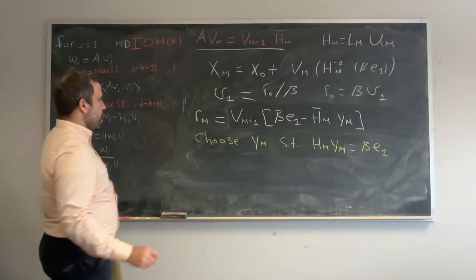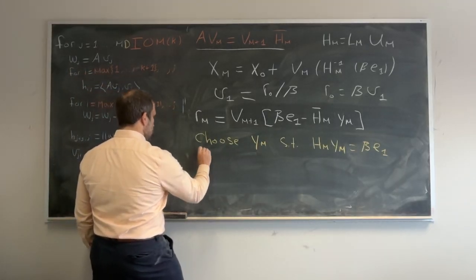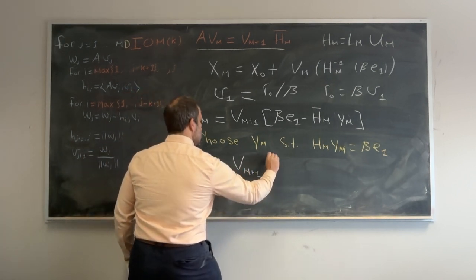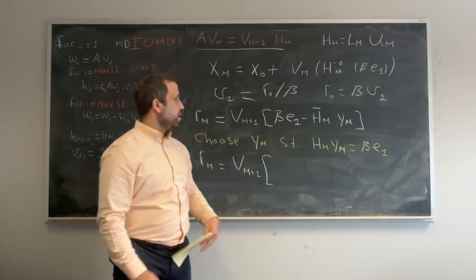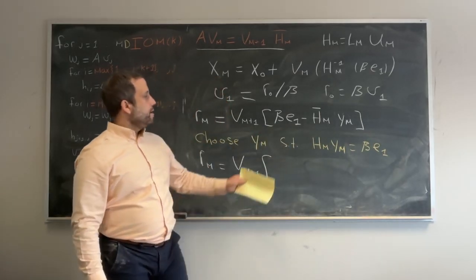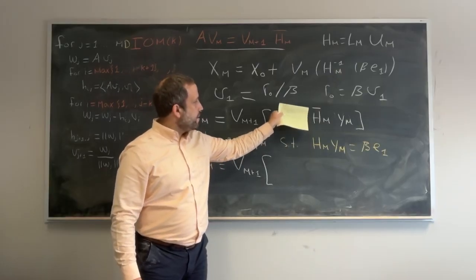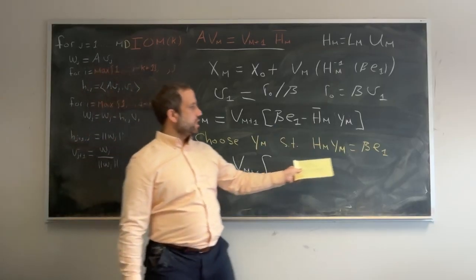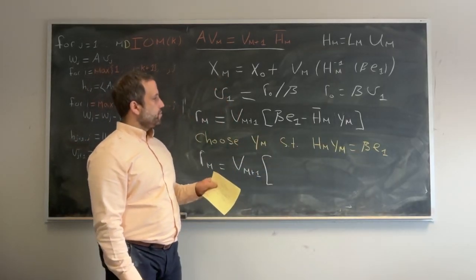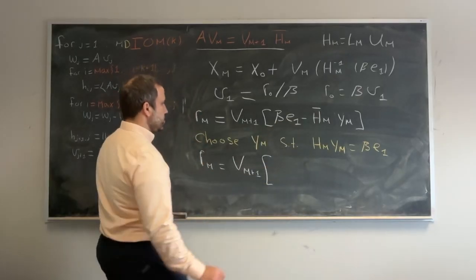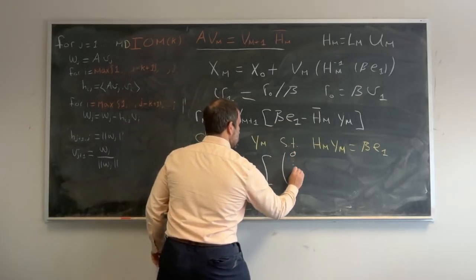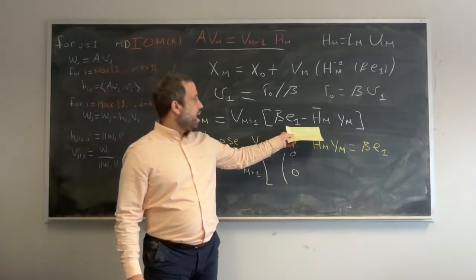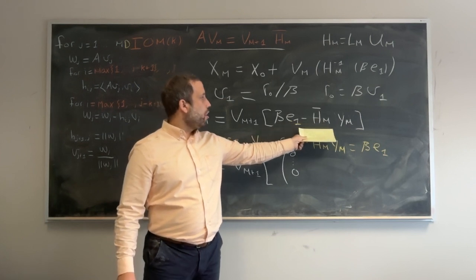So then carrying down my computation for r_m, I'm going to have r_m equal to V_{m+1} times something. Now what's going to happen over here? If H_m y_m is equal to beta e1, it means that this is an (m+1)-dimensional vector, and the first m entries are just given by beta e1, and we have beta e1 here. So what we're going to be left with is a vector with almost all zeros. The last entry is simply going to be the dot product of the last row of H_m bar with y_m.